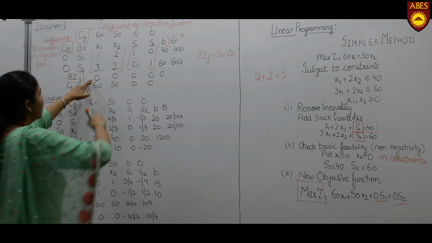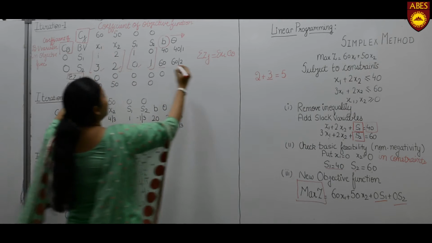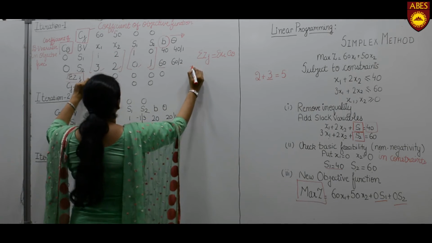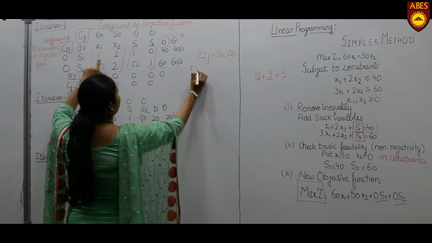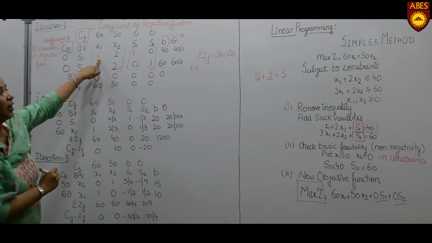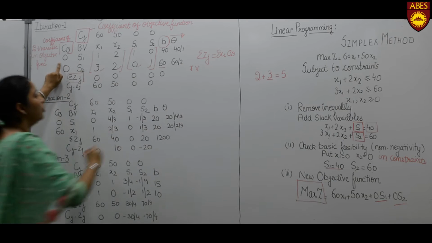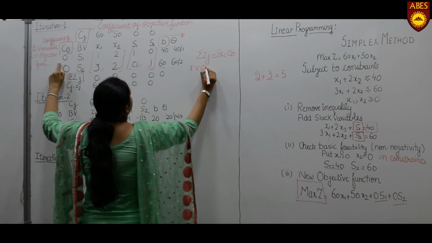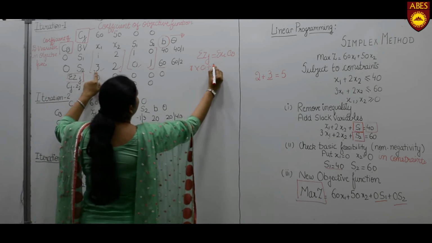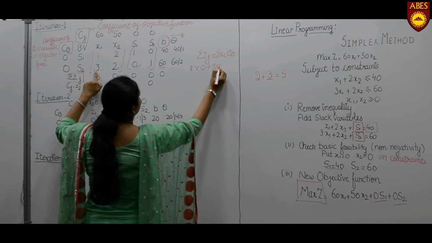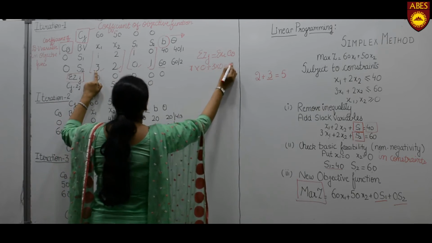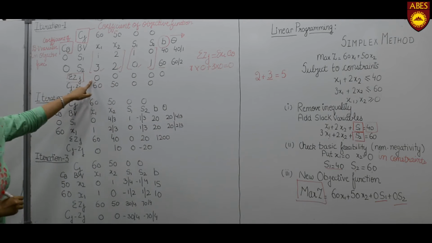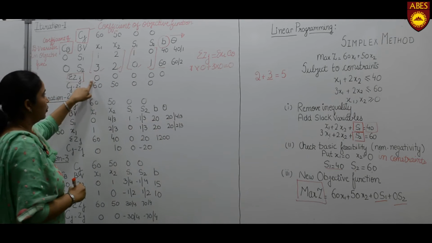First we will see the first column, x1: 1 into 0 plus 3 into 0, that will be equal to 0. Here Zj has a value of 0.